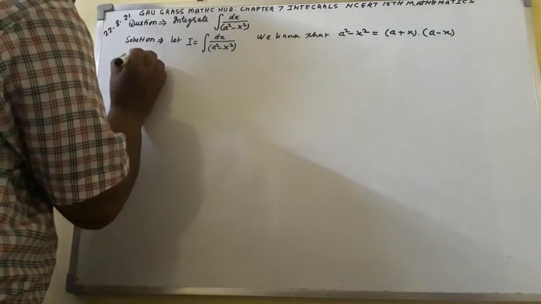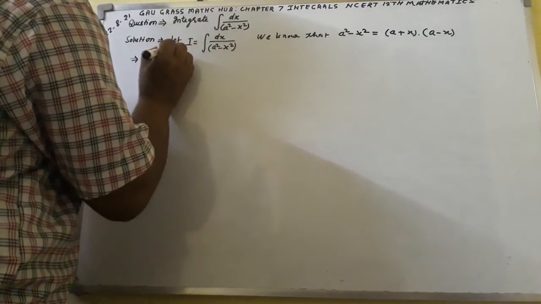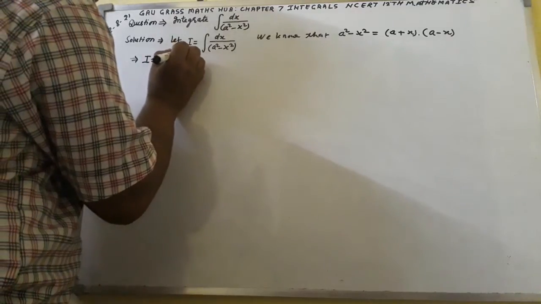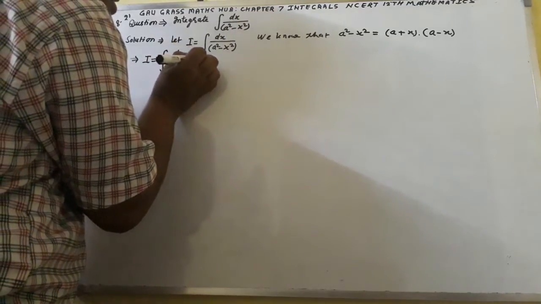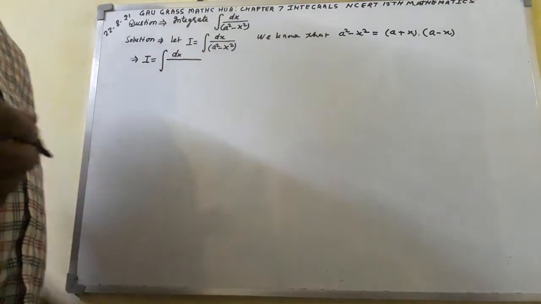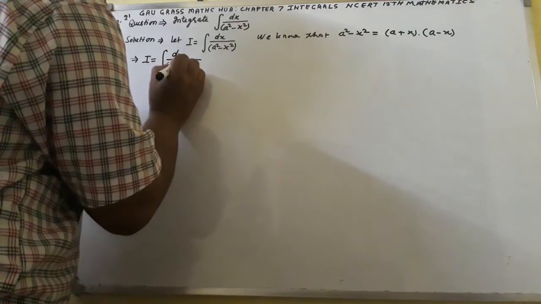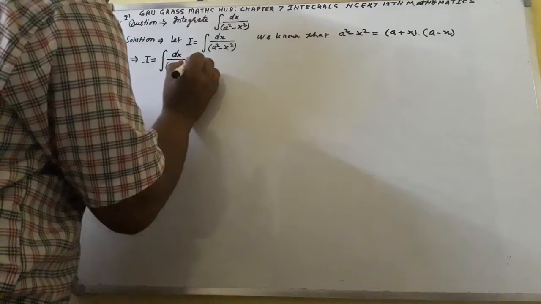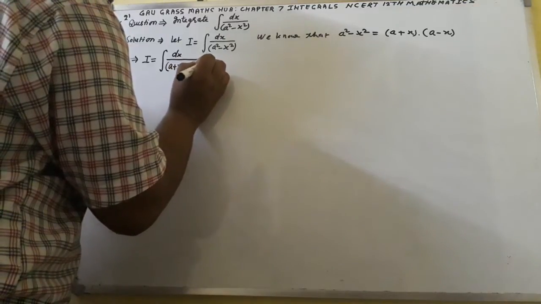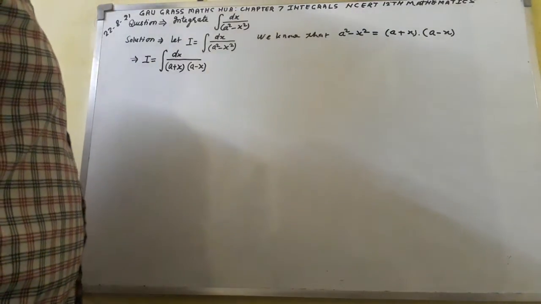Now I equals integral dx over a plus x dot a minus x. Now what to do next?